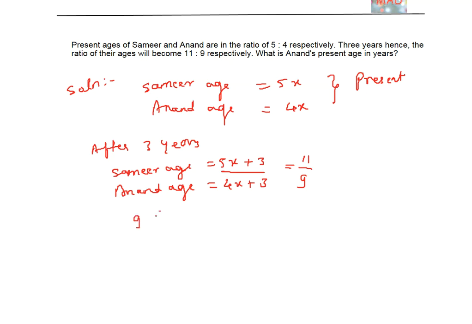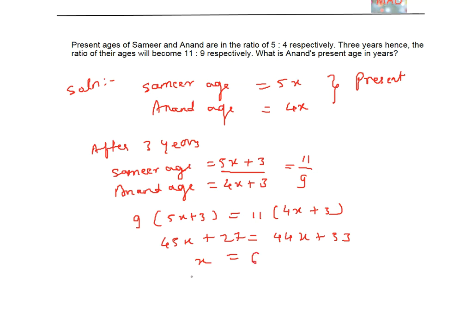So how can we solve it? 9 times (5x plus 3) is equal to 11 times (4x plus 3). After solving this equation, we will find the x value. It's 45x plus 9 times 3 is 27. 11 times 4 is 44x plus 11 times 3 is 33, and 45. If we transfer the similar components, 45x minus 44x will be x. 33 minus 27 will be 6.